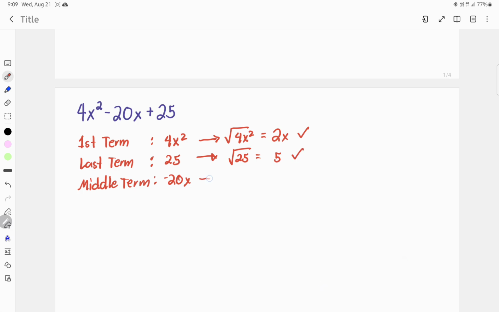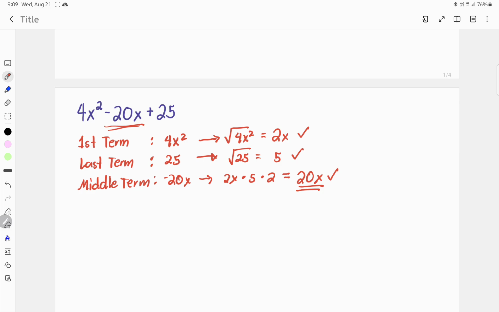So another is that we need to multiply 2x times 5 times 2, which is 10x times 2, that will be 20x. Technically, you might get confused because here it is negative, but we disregard the sign first. However, it would have an implication when we do the factoring. As of now, we get the absolute value. If they are the same in the absolute value, it's okay.